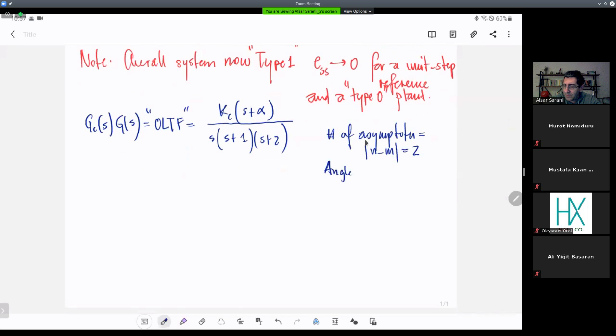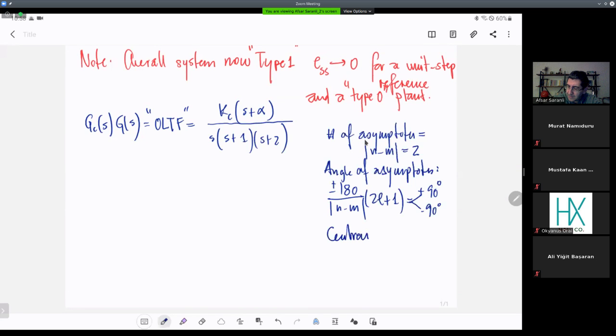Angle of asymptotes: we know it's going to be plus minus 180 divided by the absolute value of n minus m, times 2l plus 1, which results in plus 90 and minus 90 degrees, the two unique asymptote angles. Okay, what about the centroid?